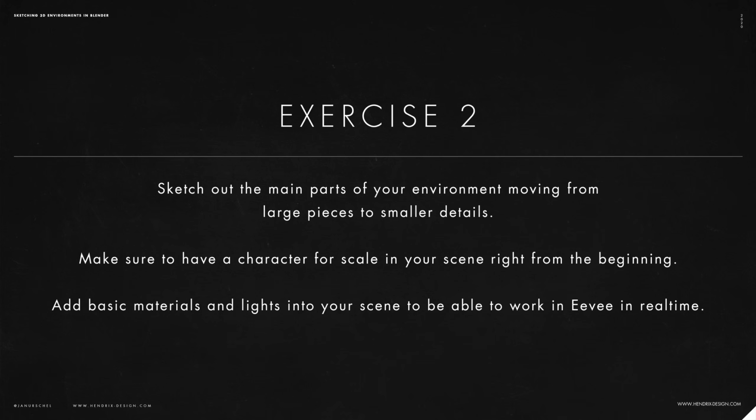Make sure to have a character for scale in your scene right from the beginning, and add also the basic materials or even more refined materials and lights into your scene, so that it makes working in Eevee and in real time more comfortable, and you'll be actually able to see what effects your sketching and your buildings have in a more final looking scene, and where you need to add details and such.